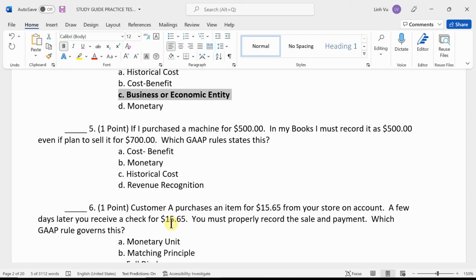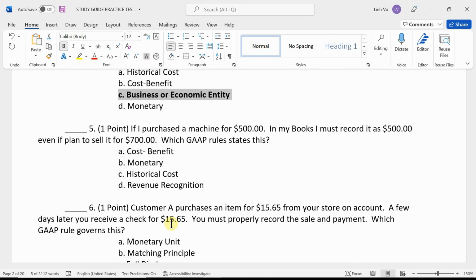No, that's when you have two options and you have to weigh the cost against its benefits. B, monetary? Not necessarily, because I didn't say that you have to record it in terms of value. C, historical cost, yes.